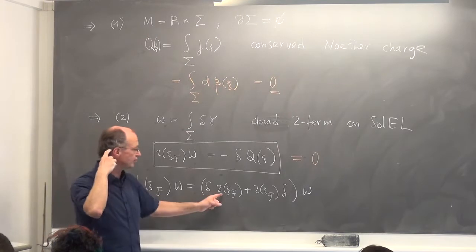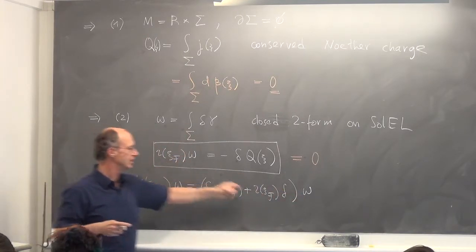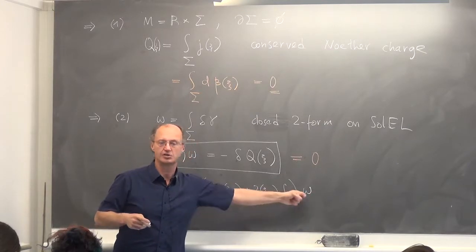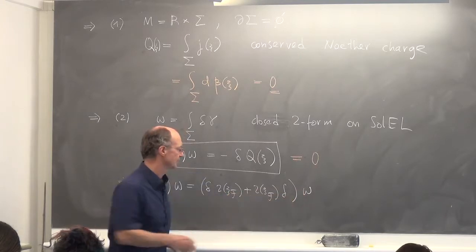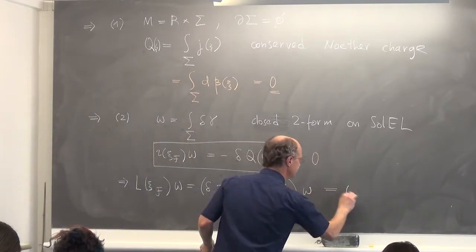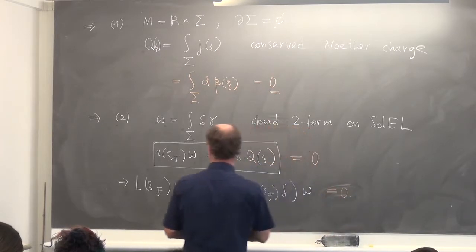And both terms now vanish because J xi f omega vanishes by this equation, and delta omega vanishes anyways because omega is a closed two form.